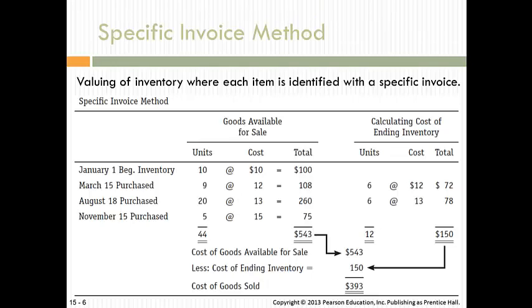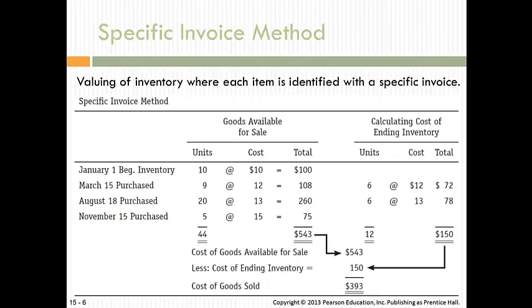The rakes purchased on March 15th were $12 each, so that's $72. I'm looking at the column on the right side here where we have the calculation of cost of ending inventory. Then we have the rakes purchased on August 18th, which were $13 each, so that's $78.